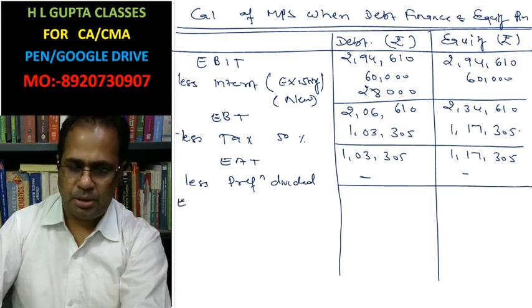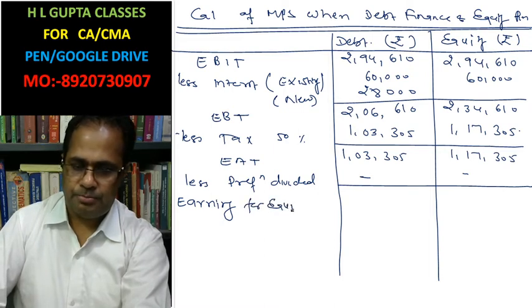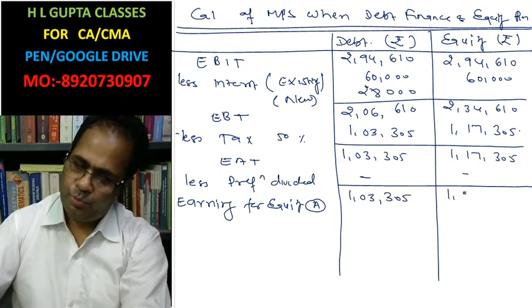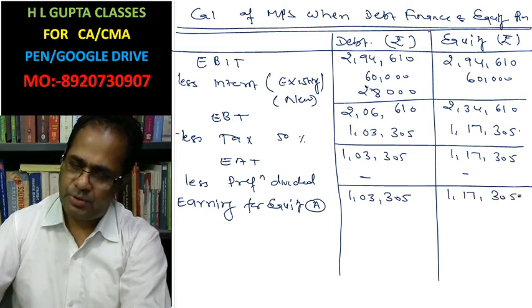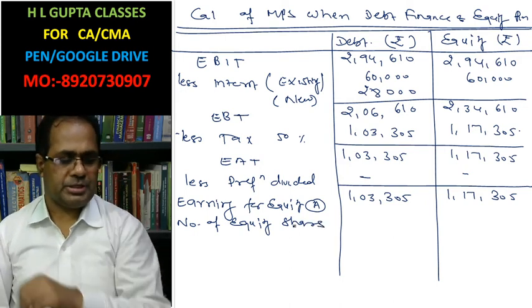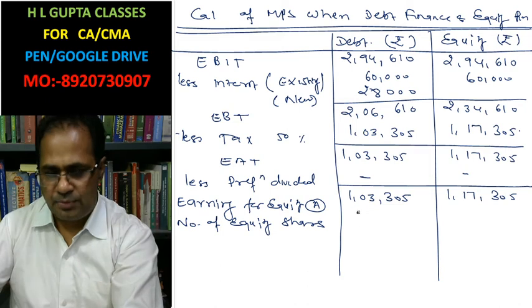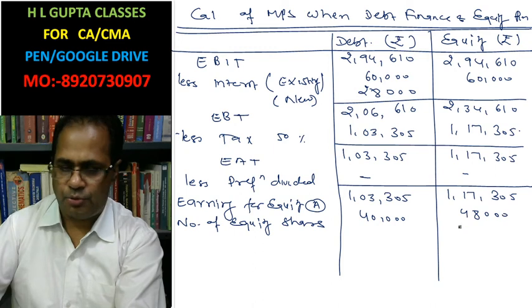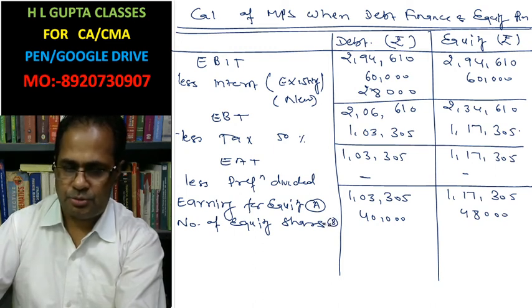This is said to be earning for equity, assumed to be A: 1,03,305 and 1,17,305. Number of equity shares: in the case of debt, it is 40,000. In the case of equity, it is 48,000. This is assumed to be B.